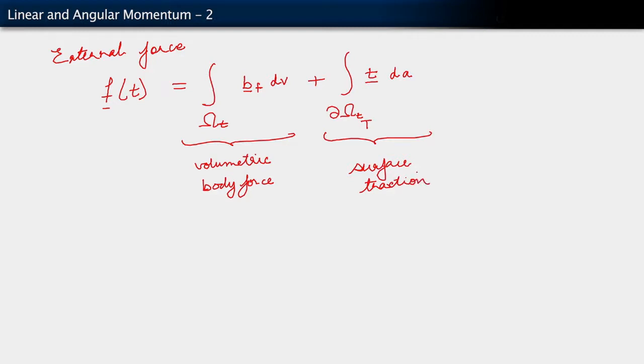Now observe that in both cases we've integrated out the spatial dependence through the integral over the volume in the first integral and the integral over the surface in the second integral. So now these are only functions of time. These can only possibly still be functions of time.